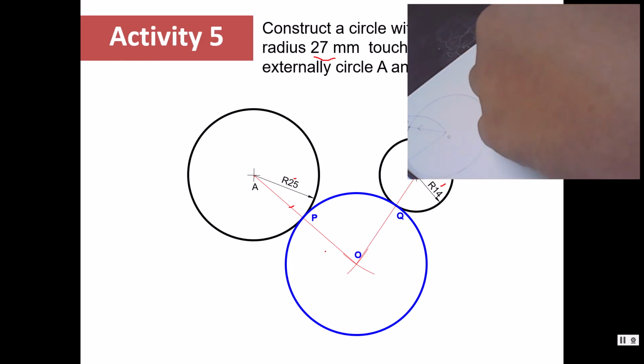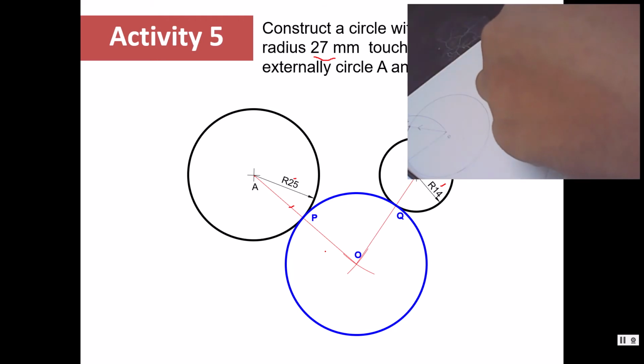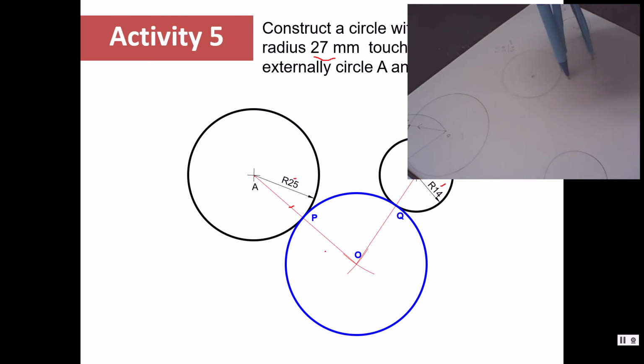So we're just going to draw a circle that is going to touch the other two circles.